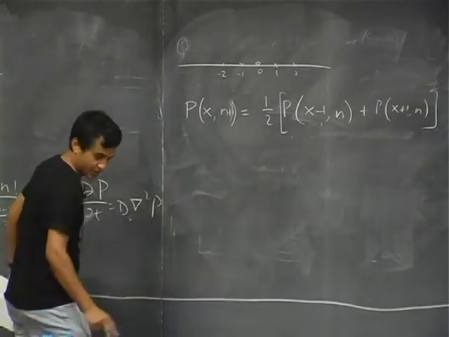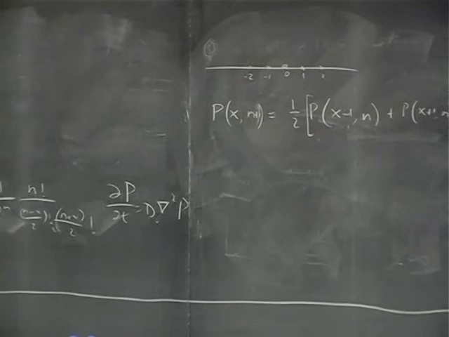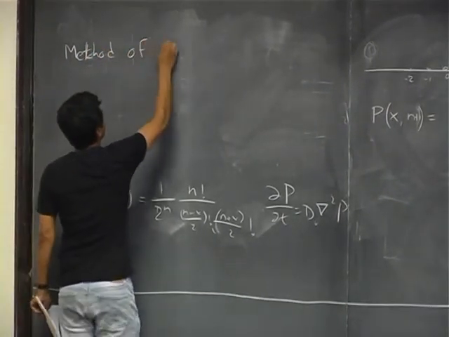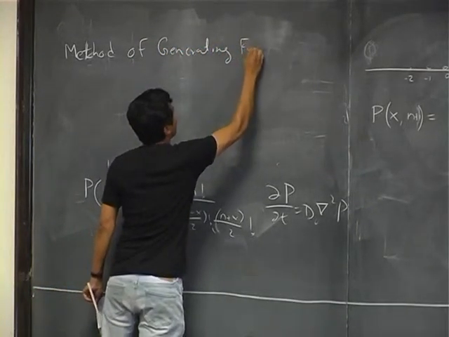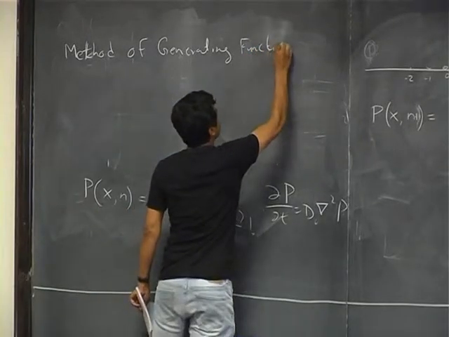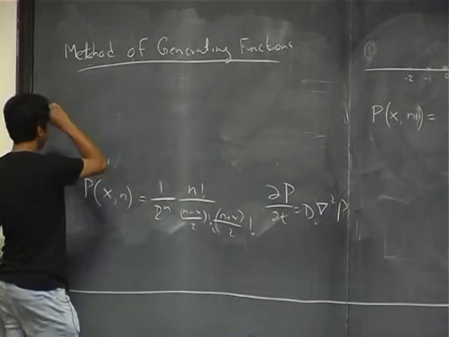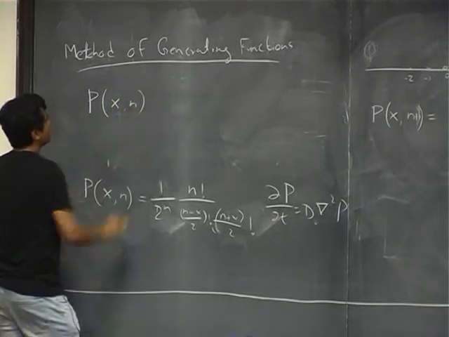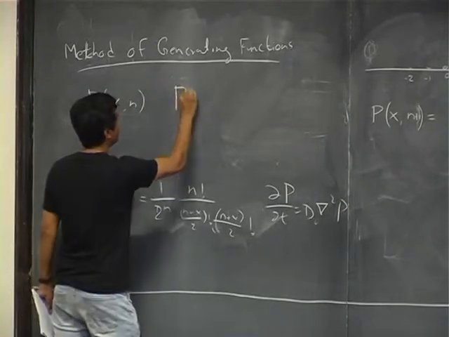Basically, if you have this quantity P of x n, what I want to find eventually is, we have these various things, right?